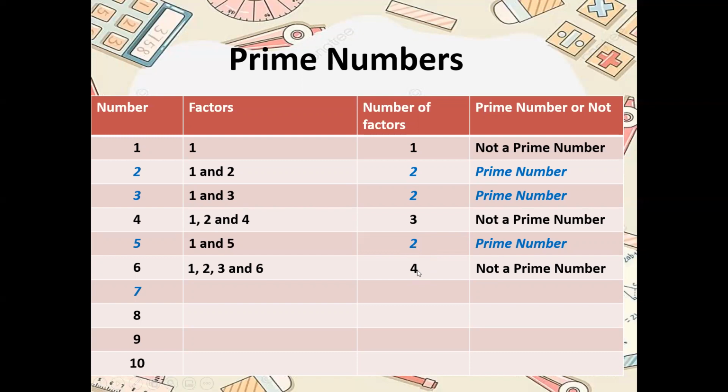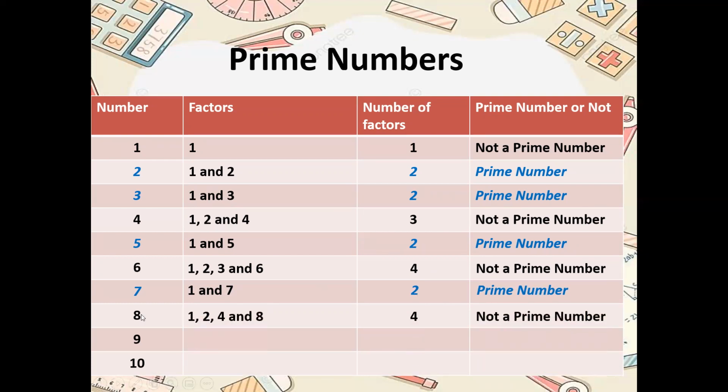But number 6 has 4 factors. Therefore, number 6 is not a prime number. Then if you take number 7, the factors of number 7 are only 1 and 7. It has only 2 factors. Therefore, number 7 is a prime number.